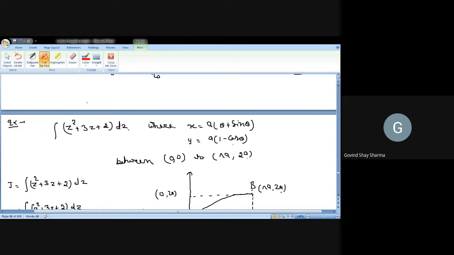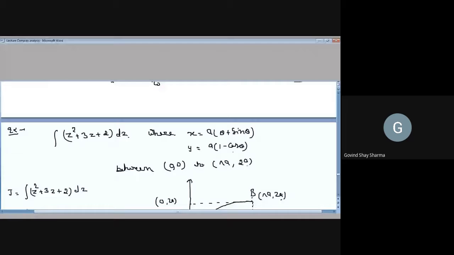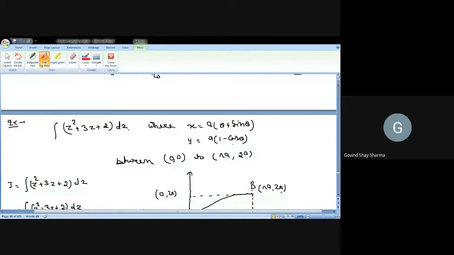In the question we have to solve the complex integration with the function f(z) = z² + 3z + 2, between 0 and π a, 2a.